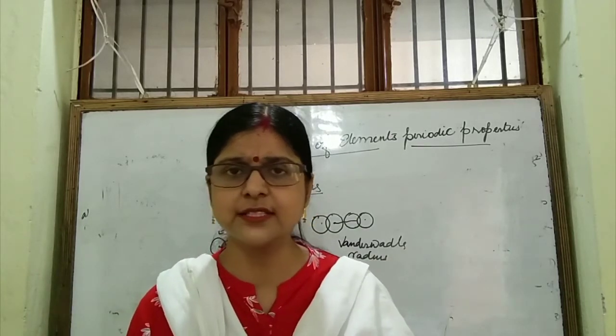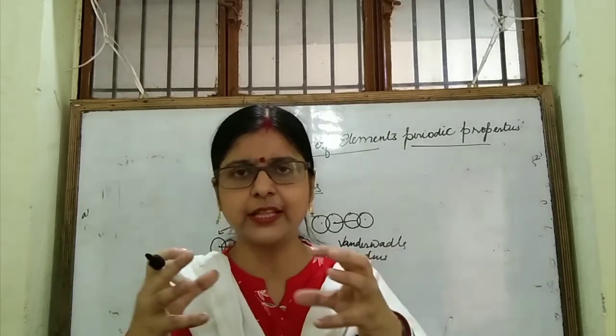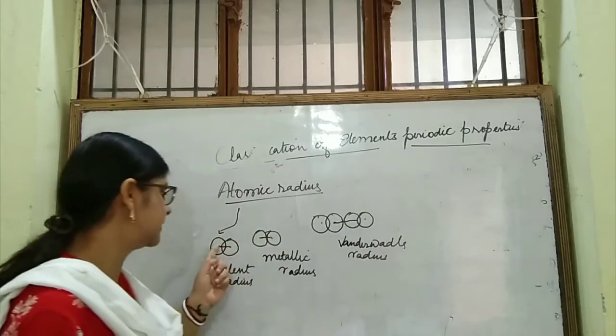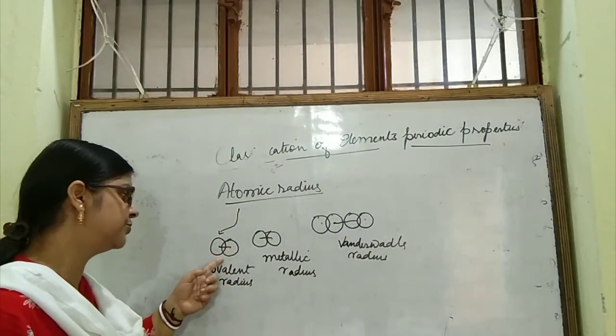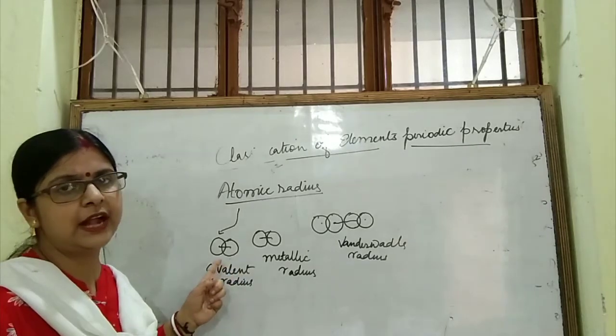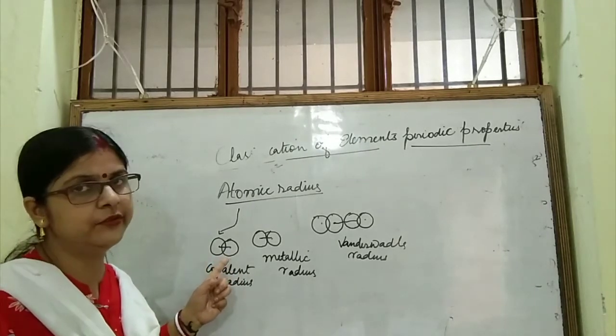All of you can understand this mathematically. If you take the distance between the nuclei of the two nearest atoms and divide it by 2, then you will get the atomic radius of the individual element.